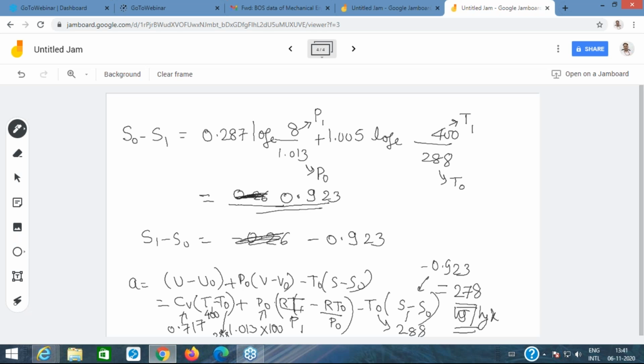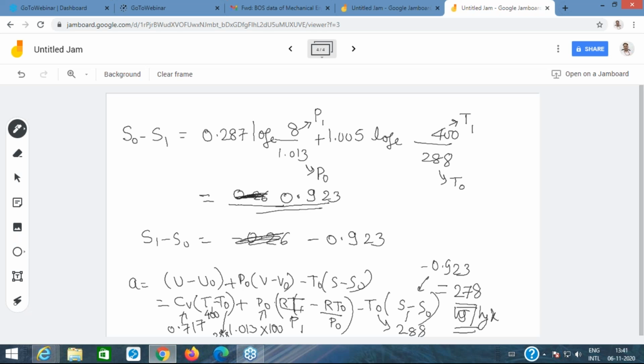For example, here I am substituting the pressure value in kilopascals, because I am taking the value of the gas constant R as 0.287 kilojoules per kg Kelvin. If I was using R in joules per kg Kelvin, then I would have taken pressure in pascals, Newton per meter square.